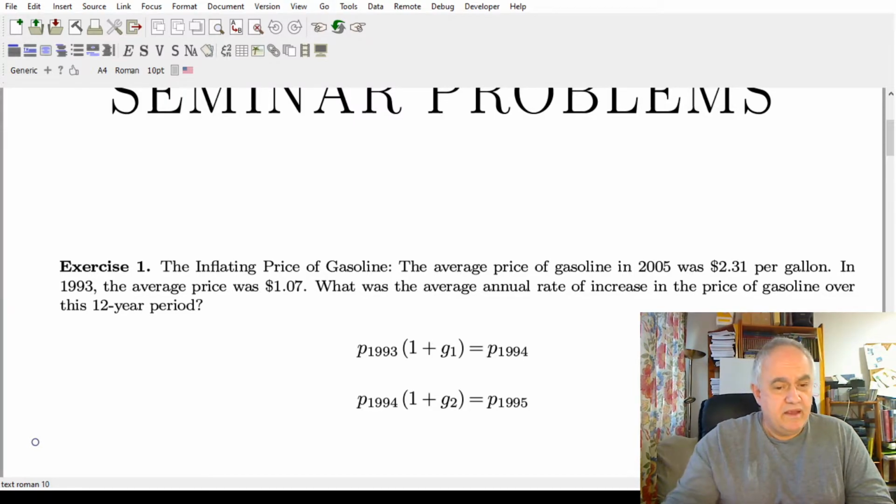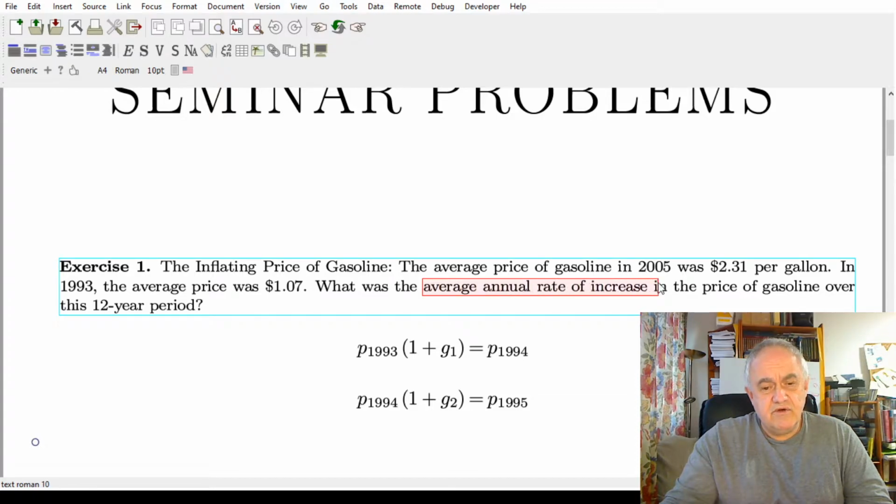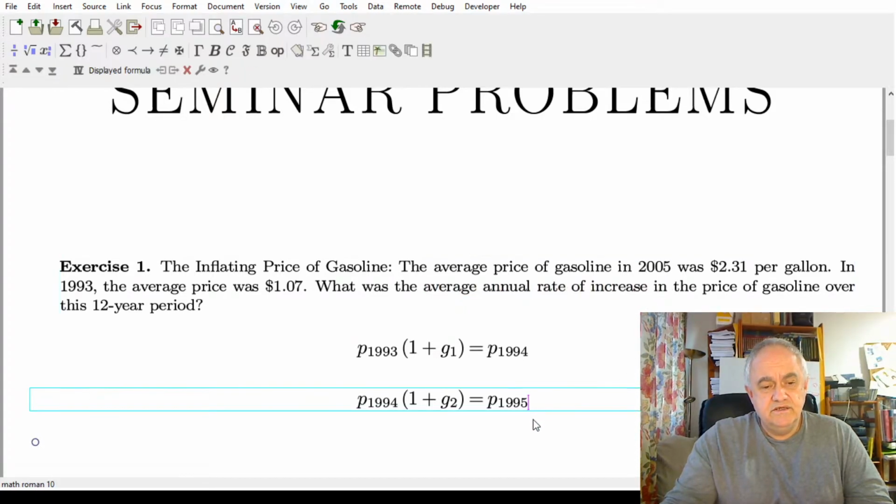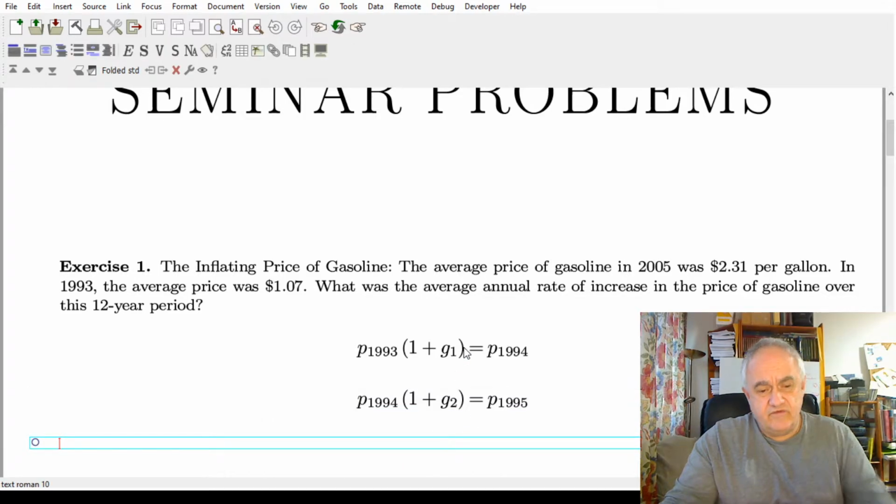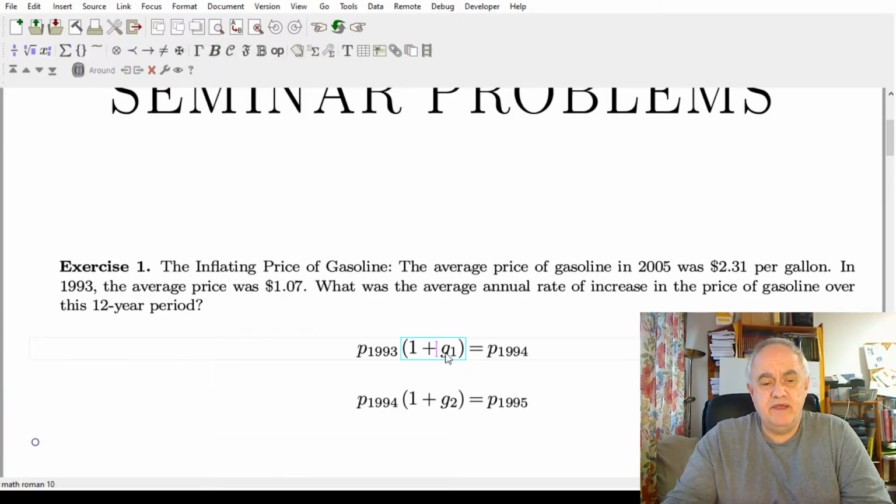But what we're being asked is the average annual rate of increase. So now, instead of keeping on adding all this, we'll just say this G will not be the specific data for the year, but an average value, a general one.